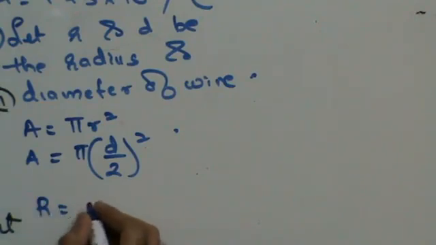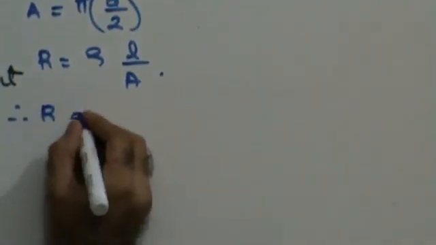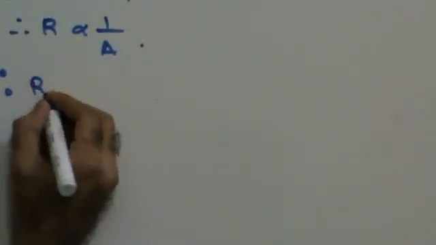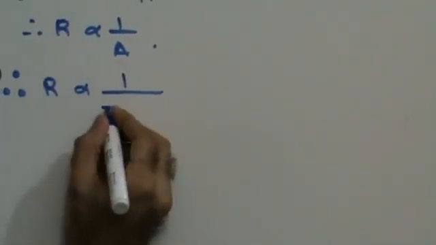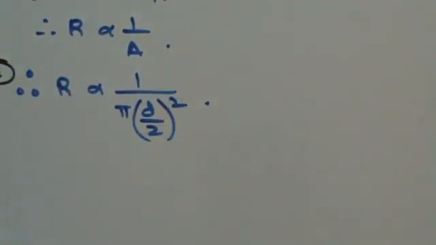We also know that R is equal to rho L by A. If I consider rho and L to be constant, then R is inversely proportional to A, so R is inversely proportional to pi d upon 2 the whole square.